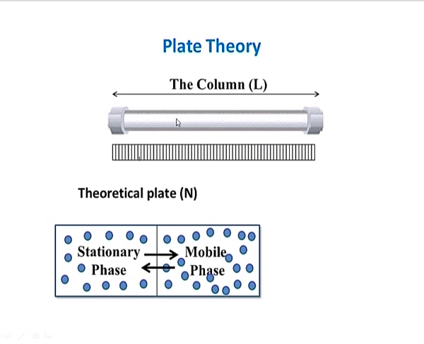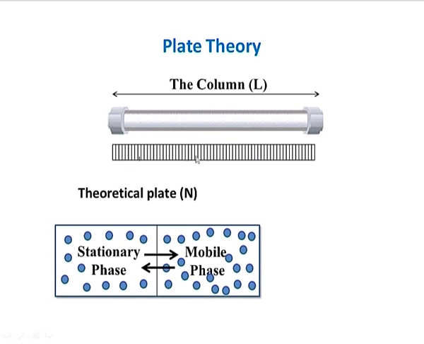So, one step taken forward means you have crossed one barrier, another step taken means you have now shifted that barrier to one step ahead, right. This is just an imaginary barrier, there are no barriers existing, right. Likewise, in the column there are no such physical barriers, but what we are trying to say is that this length is imaginary, conceptually consisting of n number of such barriers, n number of such segments.